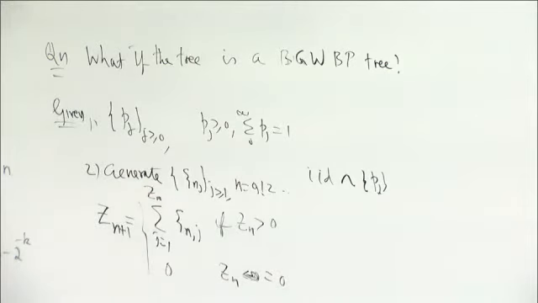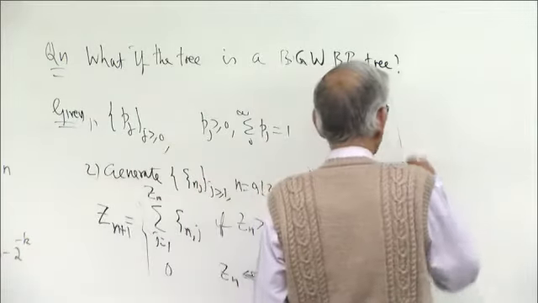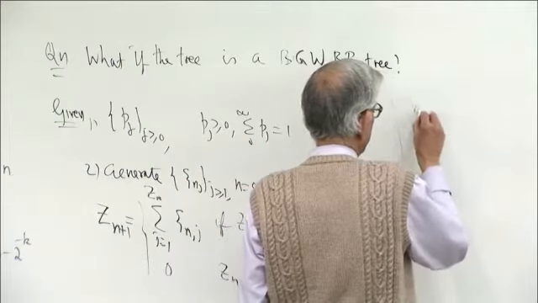So 0 is what is called an absorbing barrier. Once you hit 0, you are stuck at 0. Then the following result is a well-known theorem.